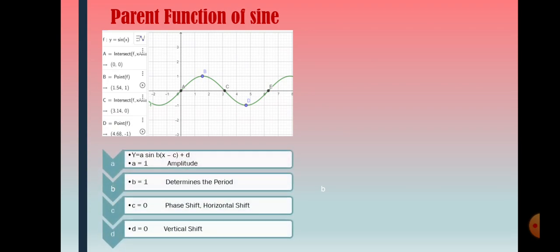And task number 2, here we are giving you the function of sine and all the properties of sine. So when we have a parent function of sine, a is 1, b is 1, c is 0. Why? Because it has no phase shift to the right or to the left. And d is 0 because it's not shifted up or down.